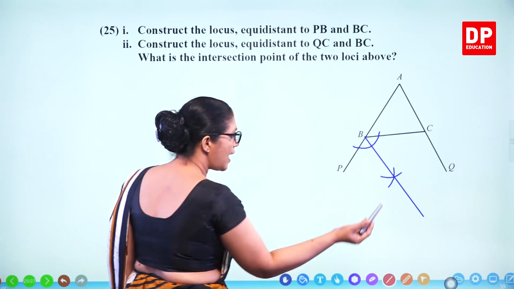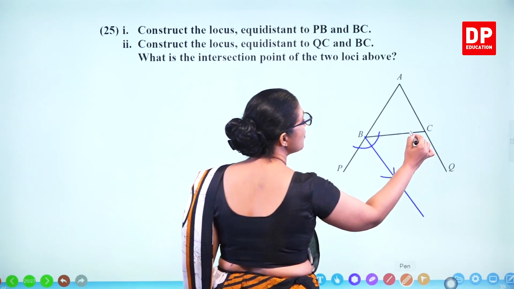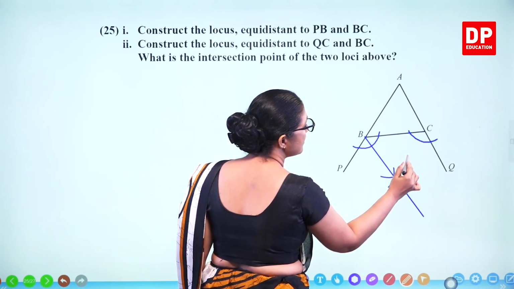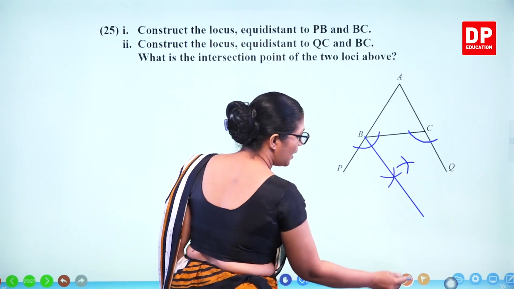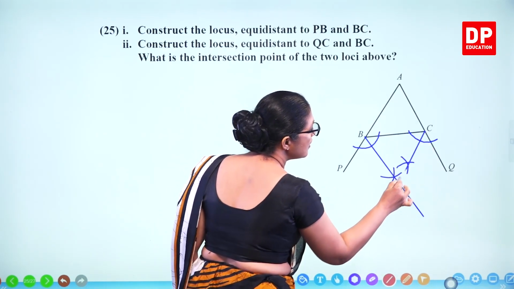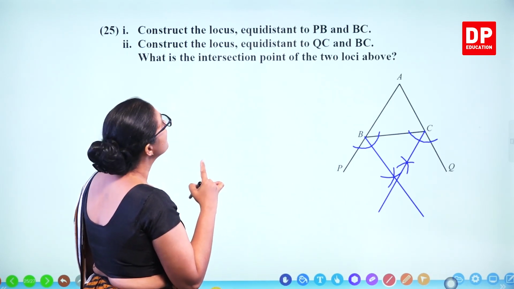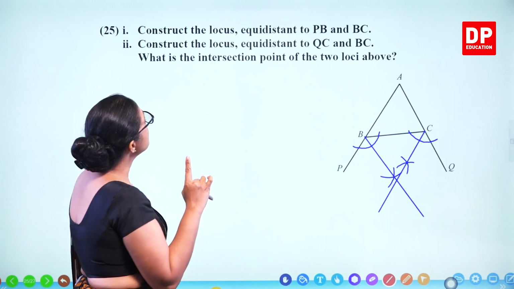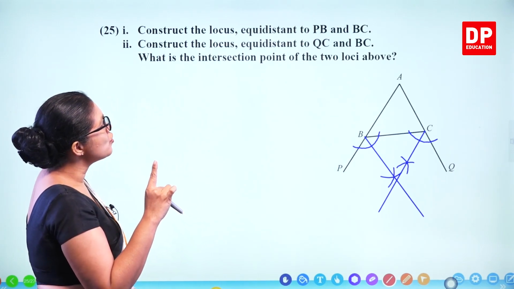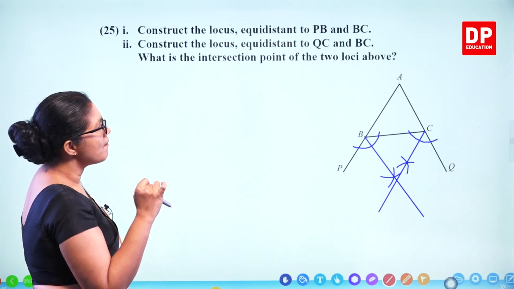Construct the locus equidistant to QC and BC. Again, angle bisector. So you can bisect this angle and you can draw the line. So that's the angle bisector of this. Then what is the intersection point of the two loci above?